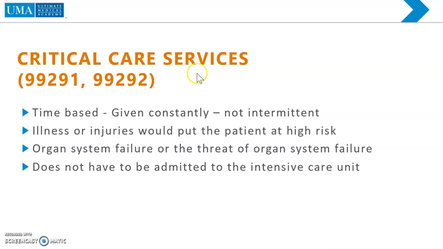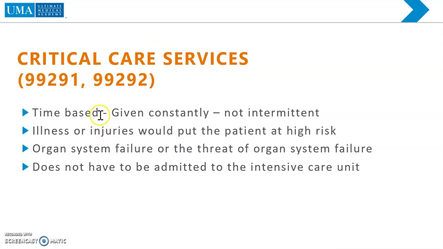So when we code for critical care services in E&M, we are always coding for the time given to the patient in the critical care services. And remember, when we say critical care services, it is basically done in the emergency room, because when the emergency room services fail to help the patient, the services that are trying to save a person's life become the critical care service, and it is only calculated as the time.